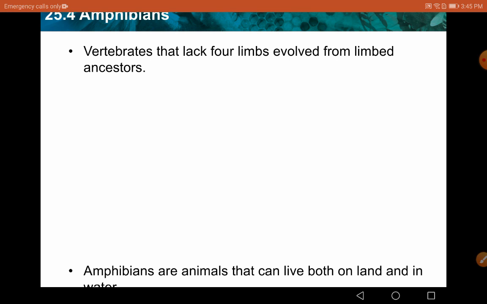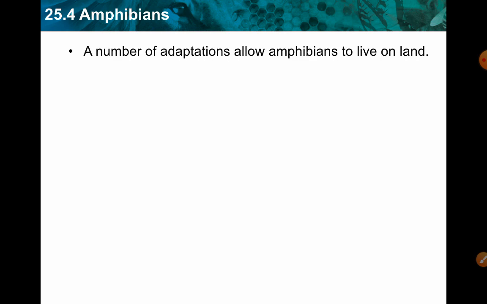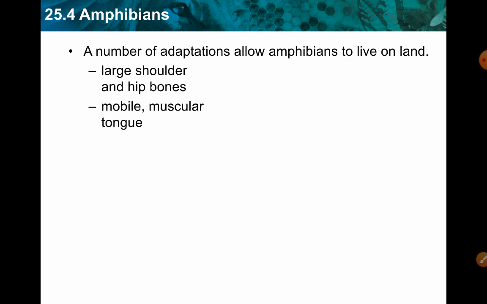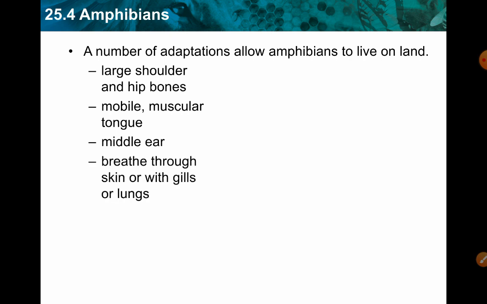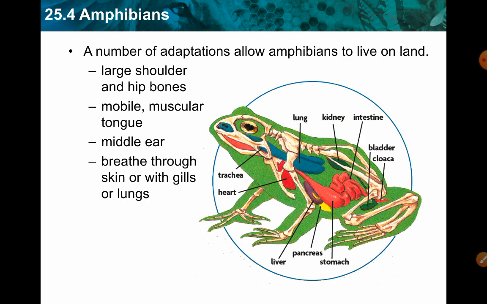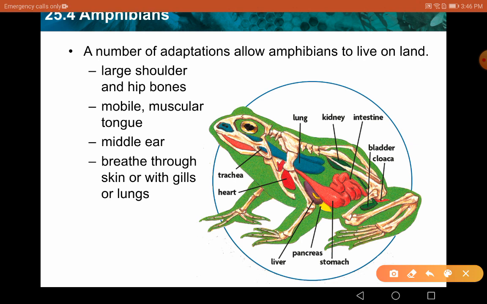Let's move to the first main idea in our lesson today: the adaptations that allow amphibians to live on land. They are very important to know. Number one, they have large shoulder and hip bones.